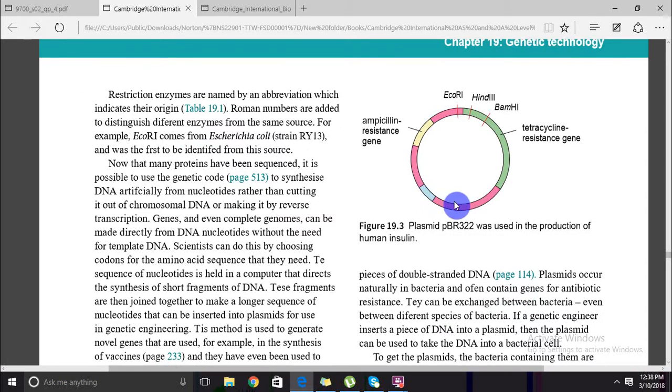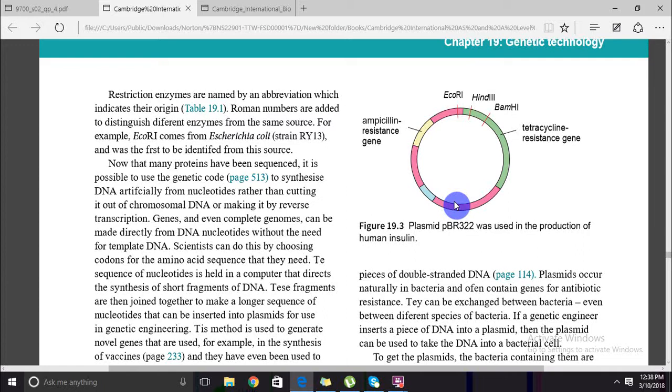And this is plasmid pBR322. Now that many proteins have been sequenced, and what that means is that we know the sequence of the amino acids, it is possible to use the genetic code to synthesize DNA artificially from nucleotides rather than cutting it out of chromosomal DNA or making it by reverse transcription.